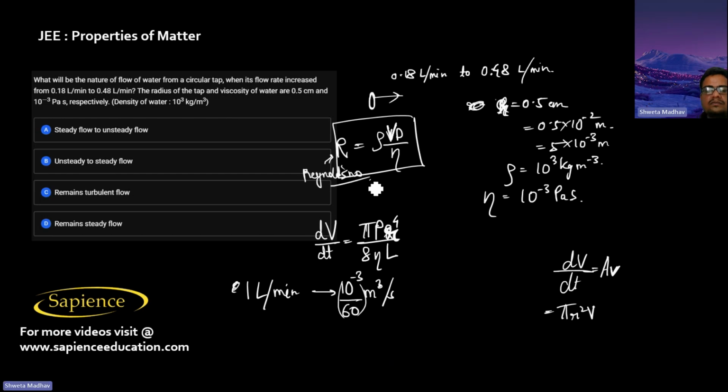Reynolds number. Now, therefore, we can say R1. So the rule is that if the Reynolds number is less than 1000, then the flow is a steady flow.